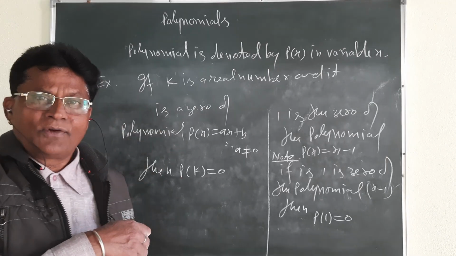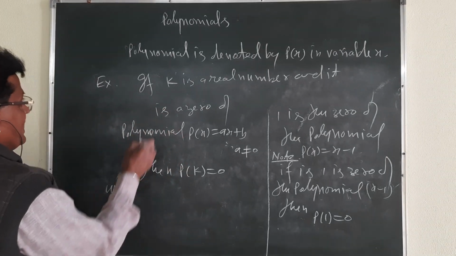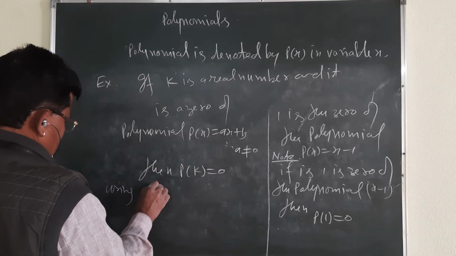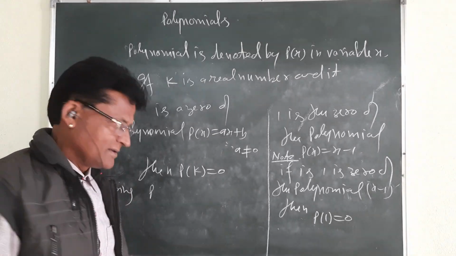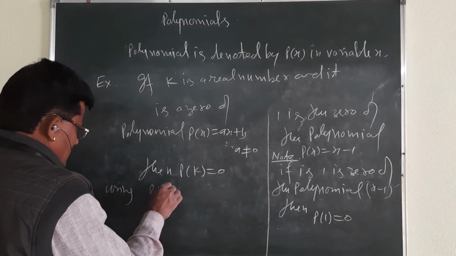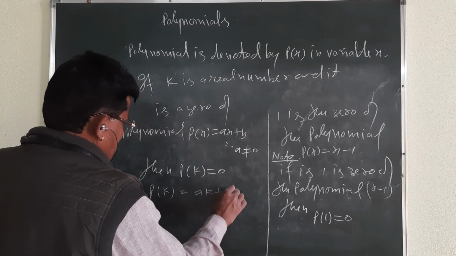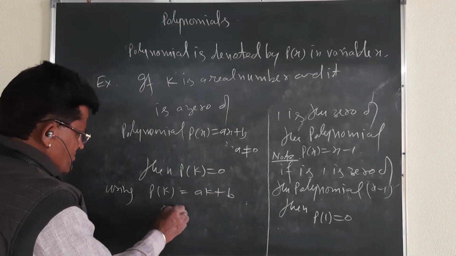In this standard form, see my dear student, because P(x), replace x by k, P(k) will be equal to ak plus b. I told you if k is the zero of this polynomial, then P(k) must be equal to 0.